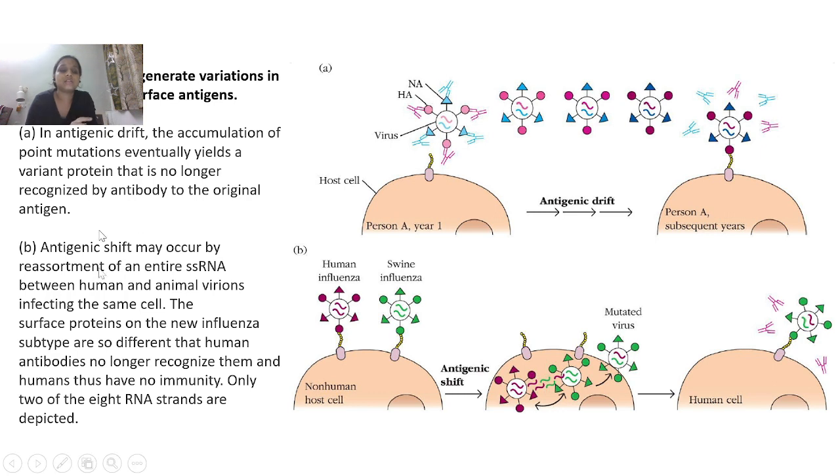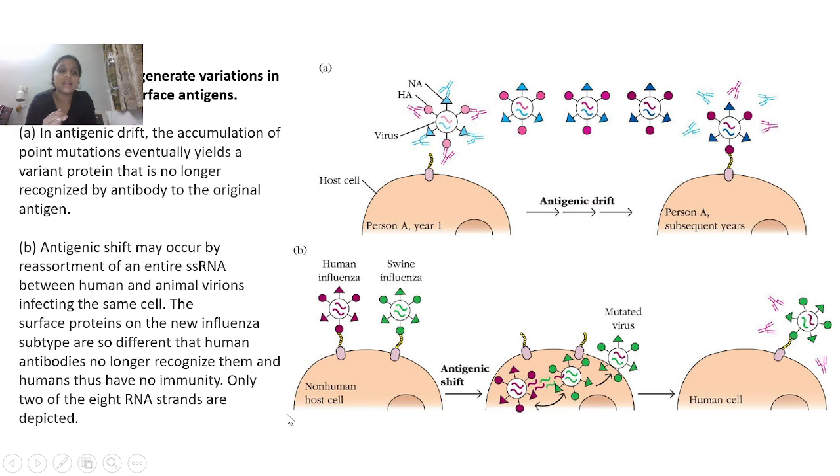So antigenic shift may occur by reassortment of an entire single-stranded RNA between human and animal variants infecting the same cell. So this single-stranded RNA will combine together and create a new kind of virus. The surface proteins of the new influenza subtype are so different that human antibodies can no longer recognize them, and humans thus have no immunity.